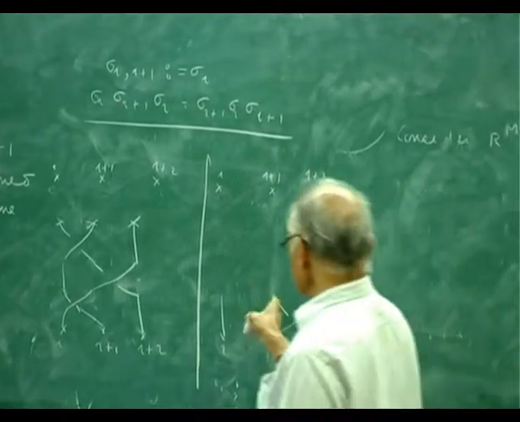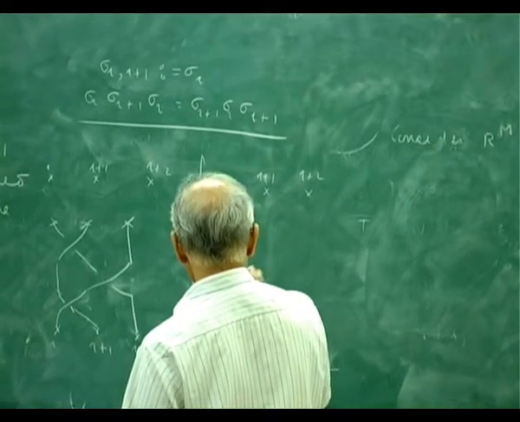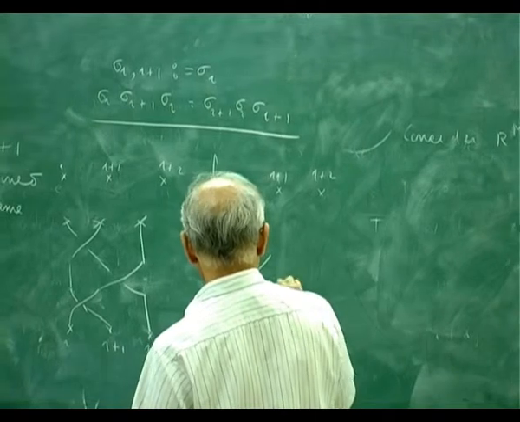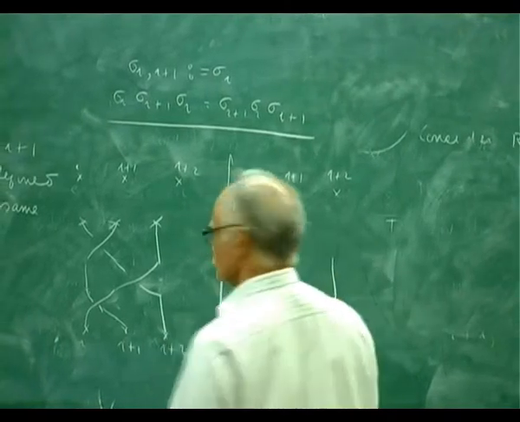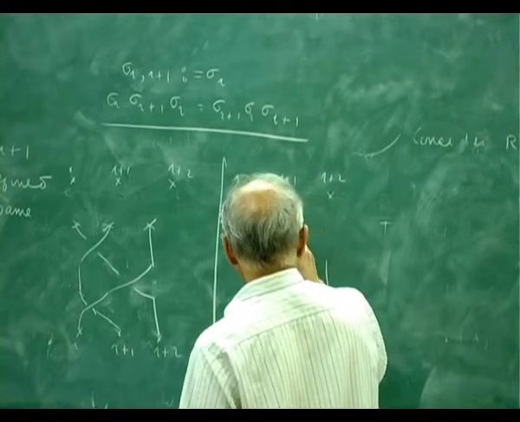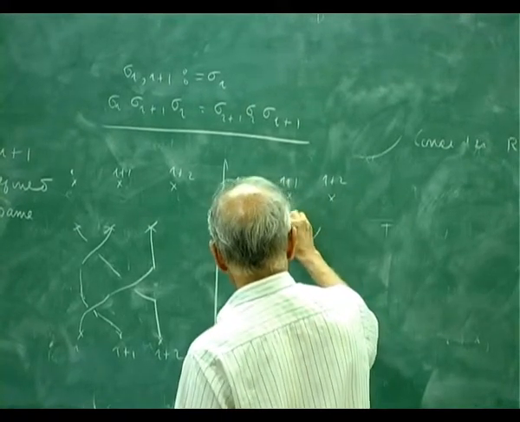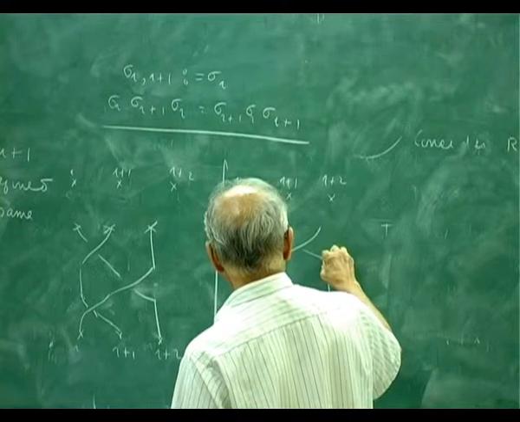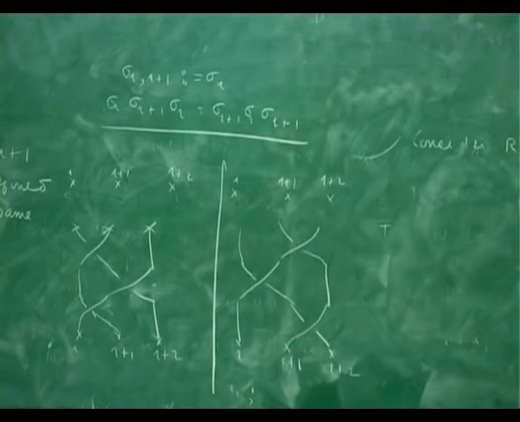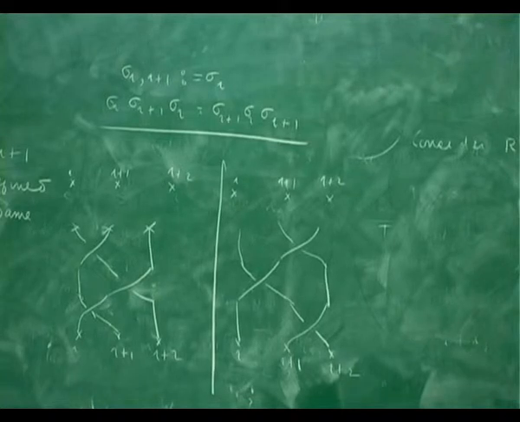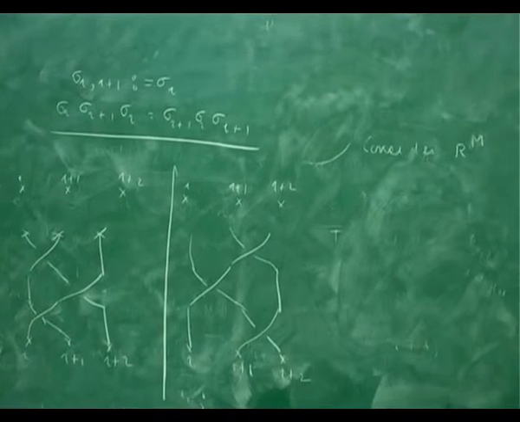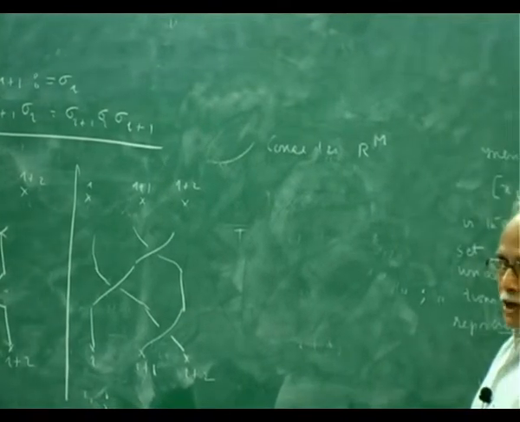Then I extend these two, so this goes over, this goes underneath, then I come here, so this goes over, like so. If you stare at this, you can see that these two loops are the same up to homotopy.